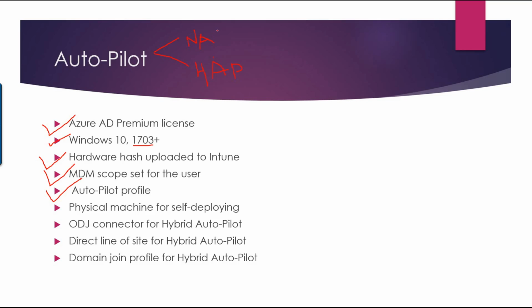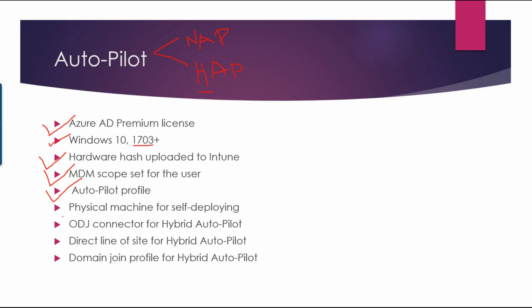But the 1,000 feet overview is, in case of normal AutoPilot, the device only gets Azure AD joined and enrolled to Intune. However, in case of hybrid Azure AD join AutoPilot, the device gets joined to the on-prem domain as well as to Azure. There are some additional prerequisites that need to be taken care of in order to facilitate a hybrid Azure AD join AutoPilot.